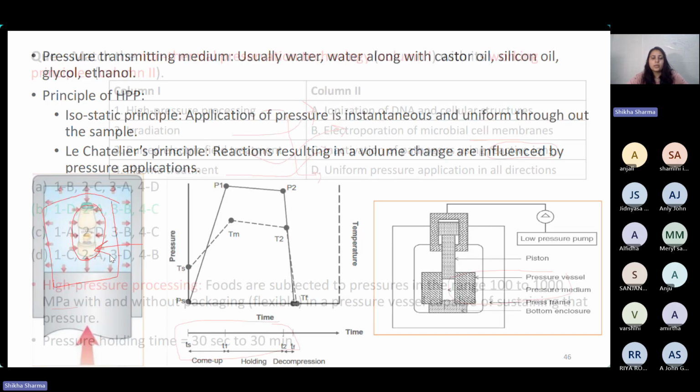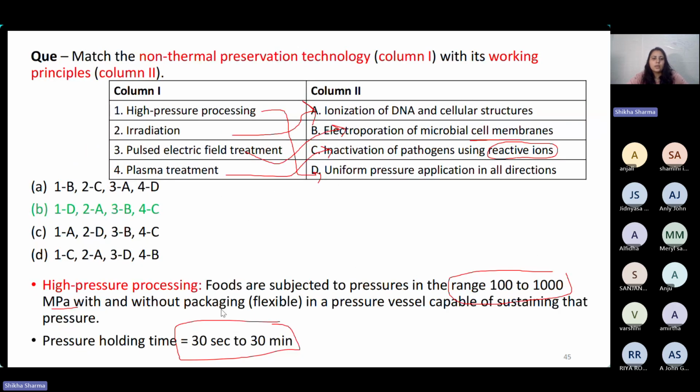The food product can be used with or without packaging, and if there is packaging, it should be flexible, where a 10 to 15% change in volume can be sustained when we are applying the high pressure.